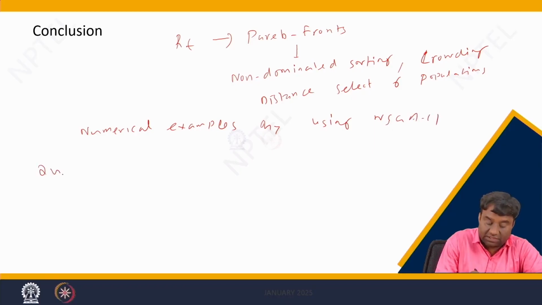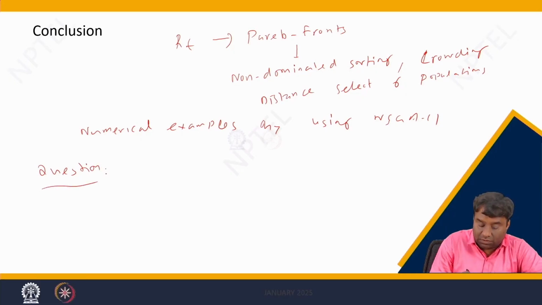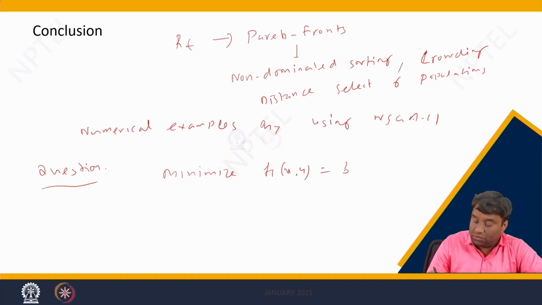So the question for today's class is: suppose minimize f1(x,y) equal to 30x plus 2 by y, f2(x,y) is equal to x square plus x by y into xy.